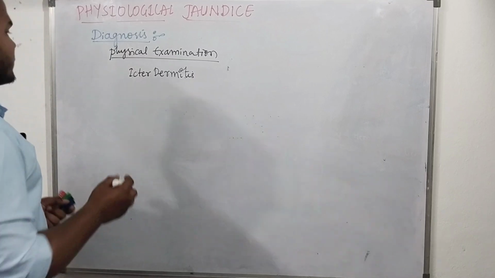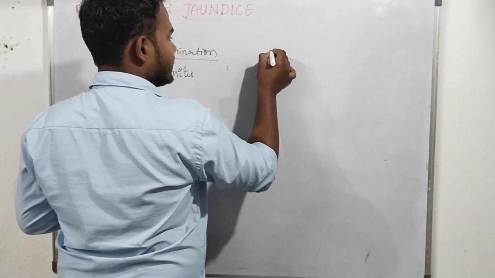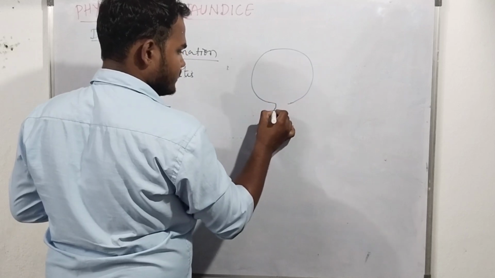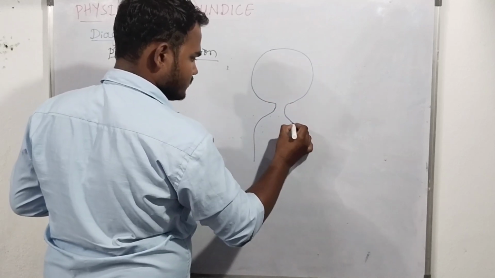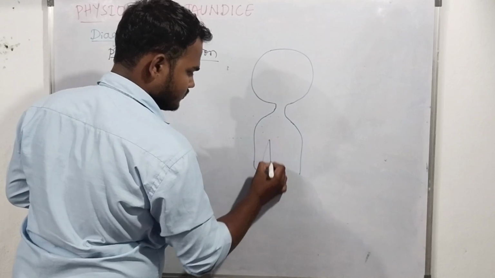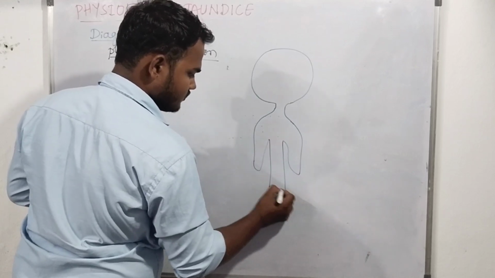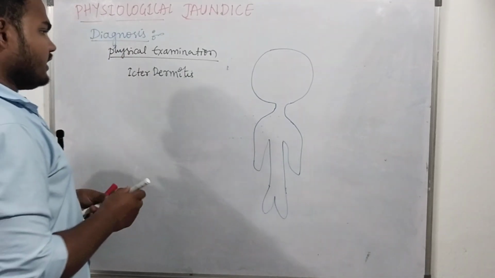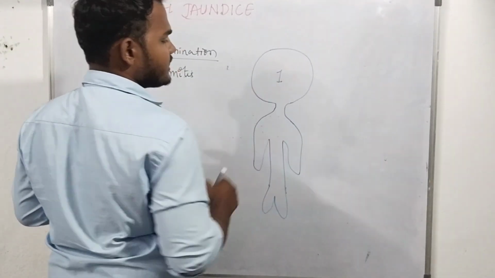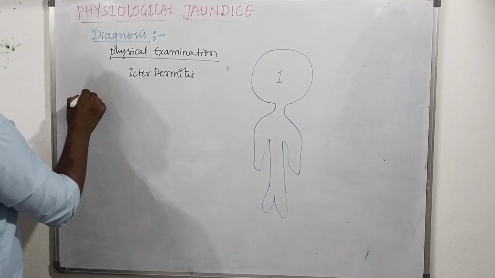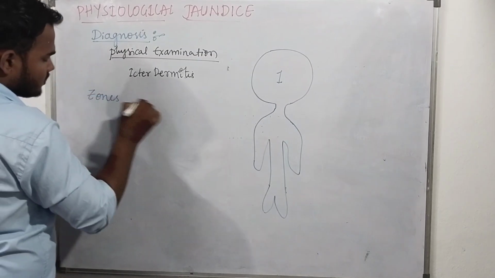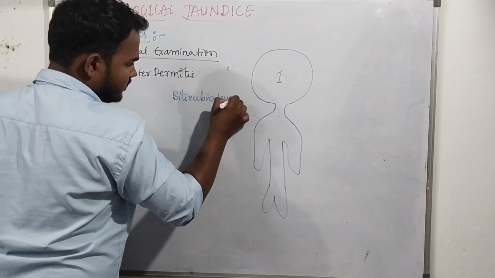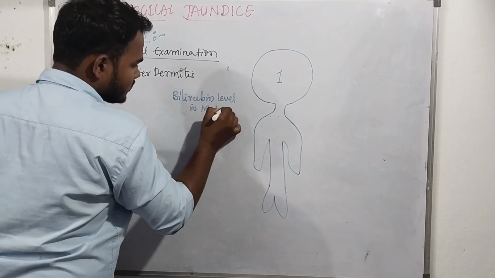Now here some zones are there. Let's suppose this is a neonate. Now here, if the yellowish discoloration is on the face, in zone 1, there is a bilirubin level in mg per dl.